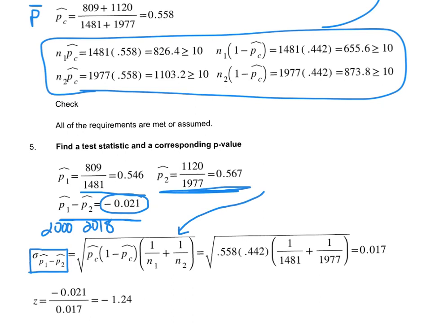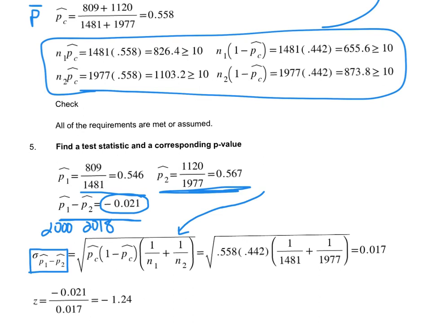Remember, the standard deviation of the difference in sample proportions is going to be the square root of p hat times q hat divided by n. But remember, we have two proportions here, so we have to find the standard error for both sets and add them. When we're finding a difference for the standard deviation, remember, we always add.